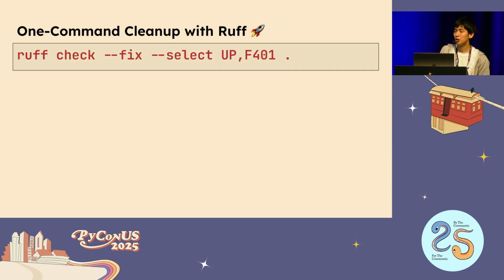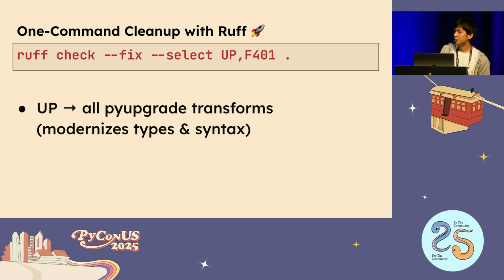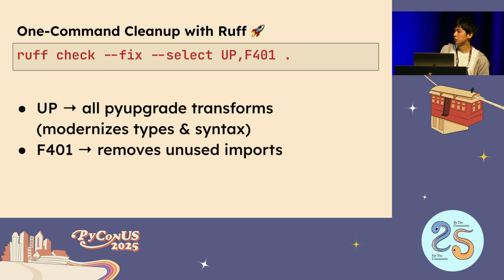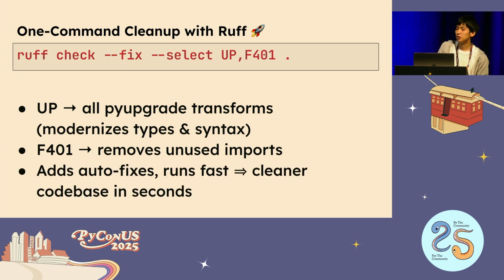But we have Ruff. Ruff supports many linting rules. So we select the option UP. UP means the pyupgrade rules. Then also we have F401, remove unused import.